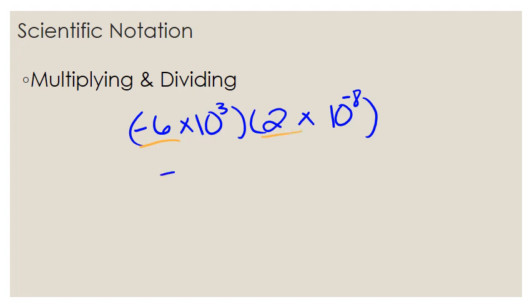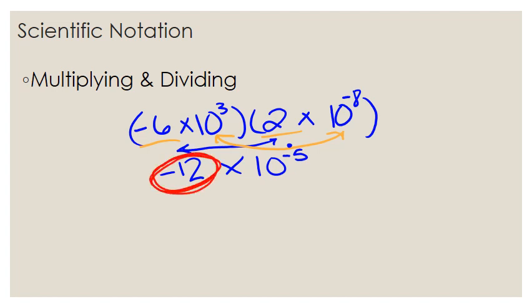So I end up with a -12, because -6 times 2 would give me -12, times 10 to the, I've got a common base of 10, so I'm going to keep that common base and add the exponents. So 3 plus -8 would give me -5. So you'll notice here's the problem. I've got a -12. This has to be between 1 and 10, and it's not.